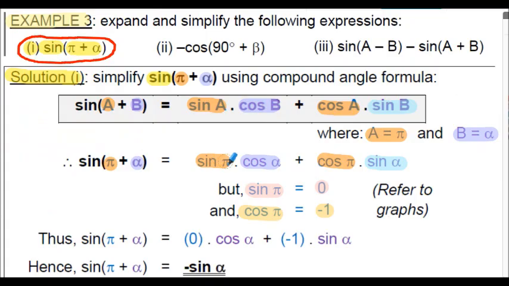So therefore, inserting the numerical values, sine of pi is 0, multiplied by cos of alpha, so we lose this term, and then cos of pi is negative 1, multiplied by the sine of alpha. So simplifying then, the sine of pi plus alpha, using the compound angle formula, can be shown to be negative sine alpha.